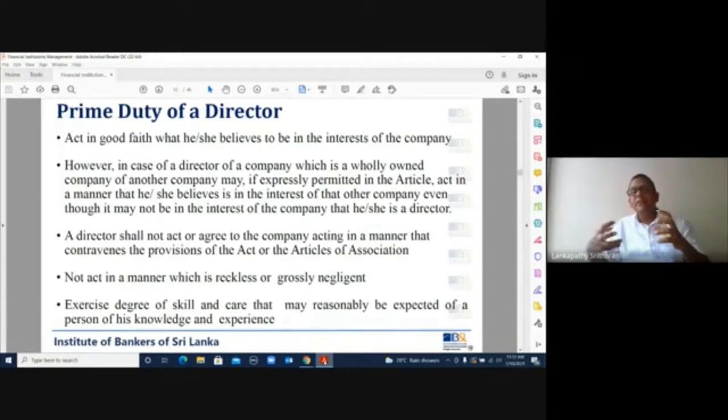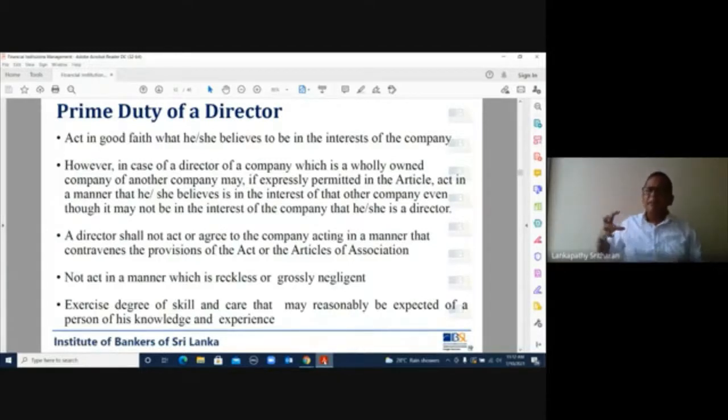Even though it is not in the interest of company B, he can act in the interest of company A.